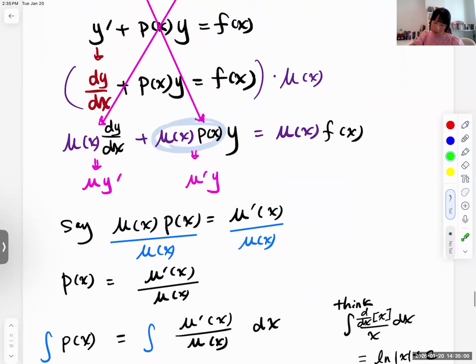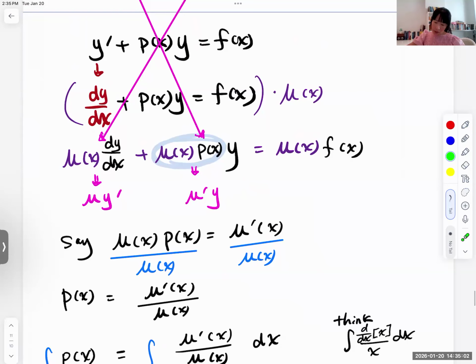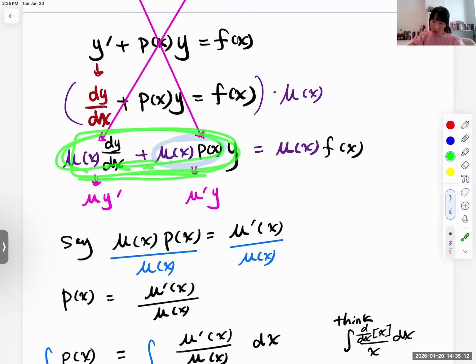We had mu of x, right? Let's check whether the product rule applies here too.